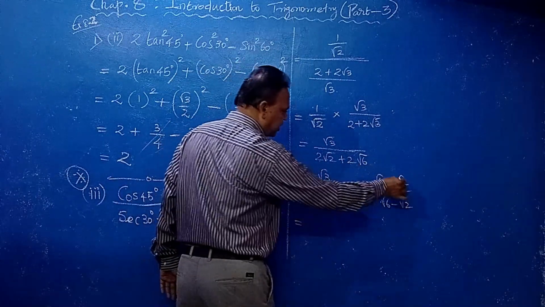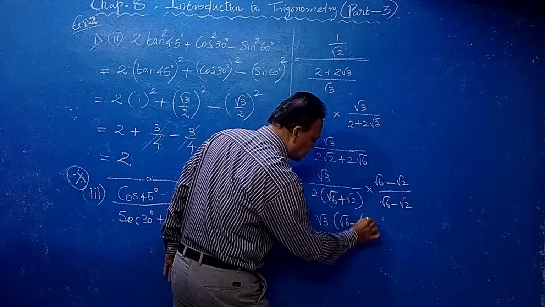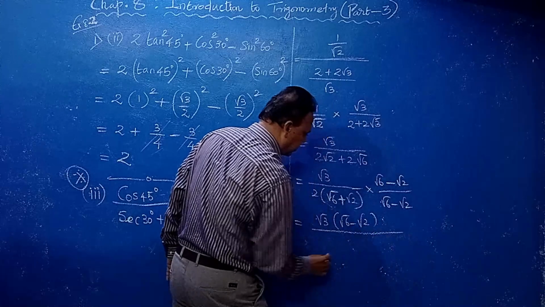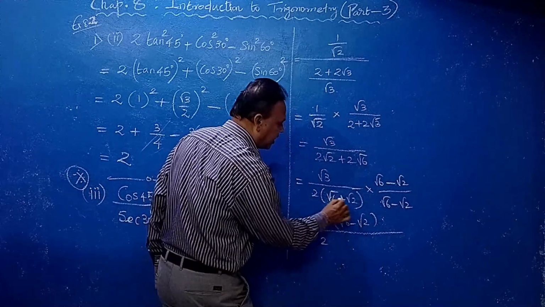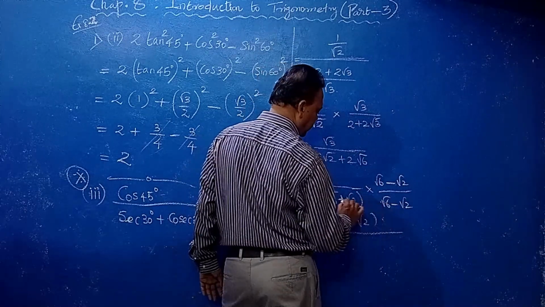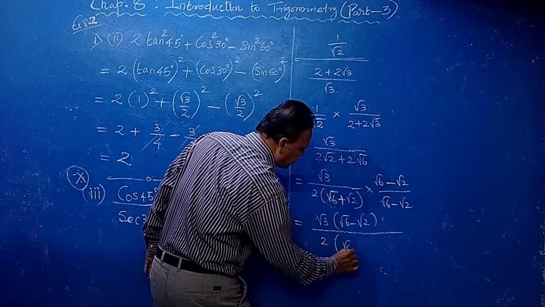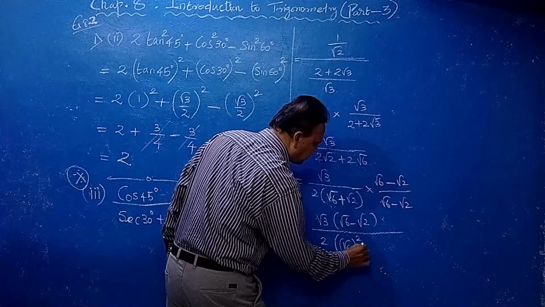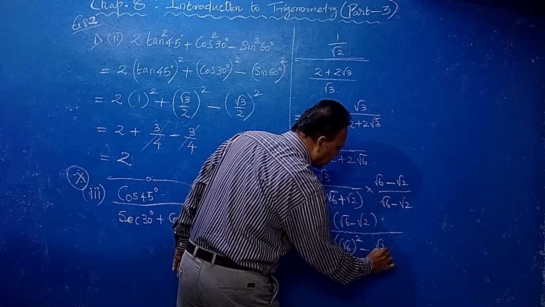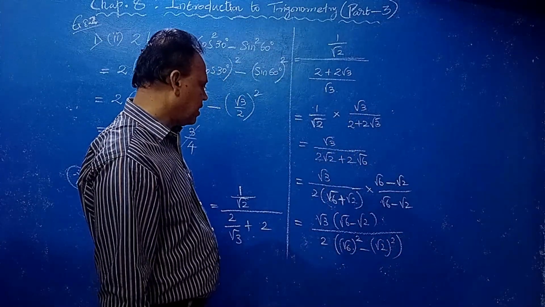Root 3 into the numerator, that is root 3 into root 6 minus root 2, divided by 2 into. You see here we are getting the form a plus b into a minus b. A plus b into a minus b is a squared minus b squared, that is root 6 whole square minus root 2 whole square. Understand?